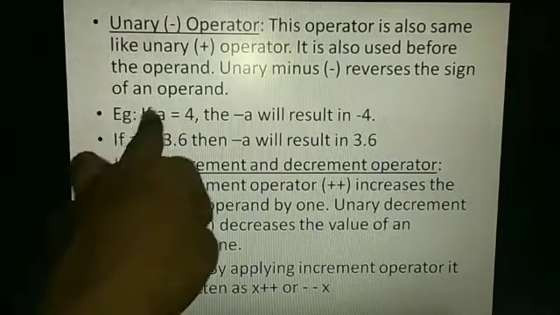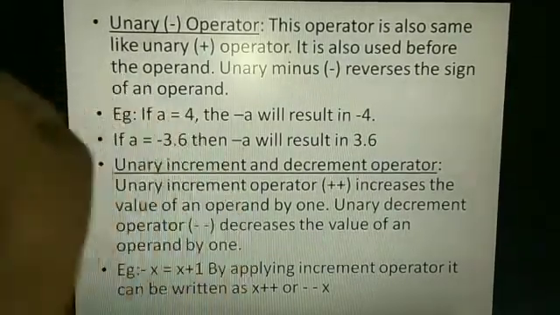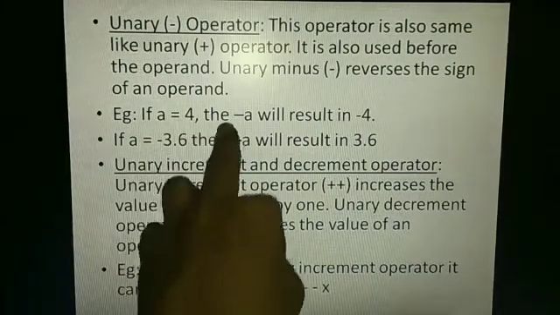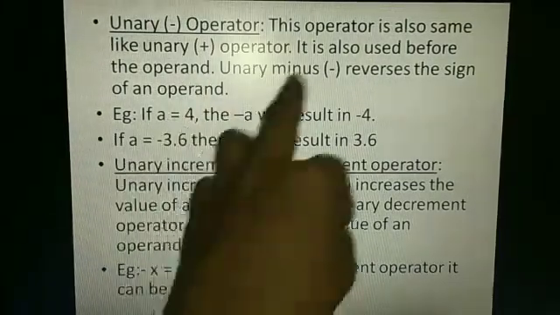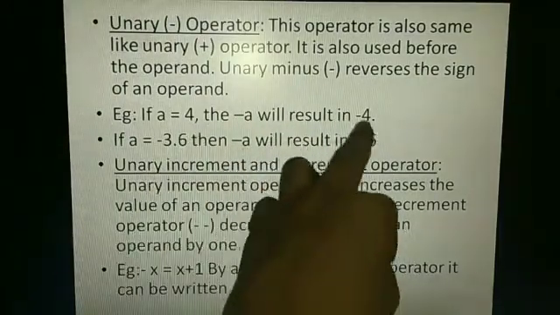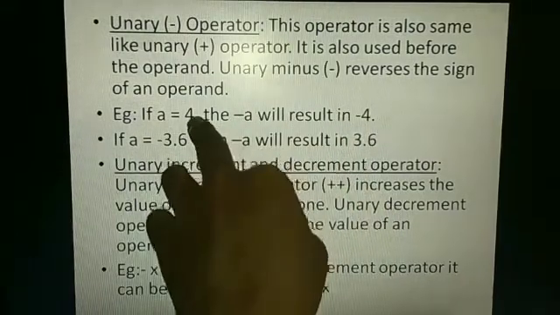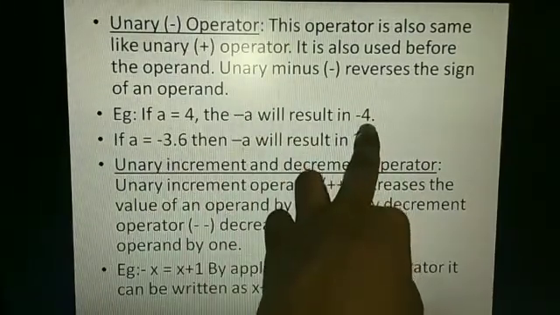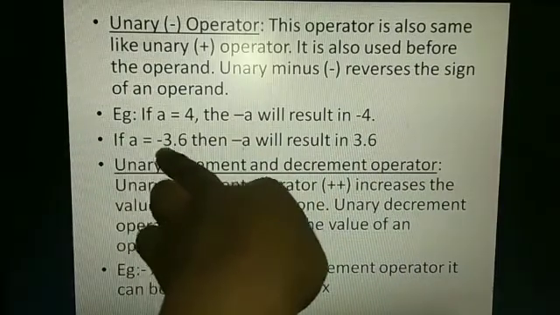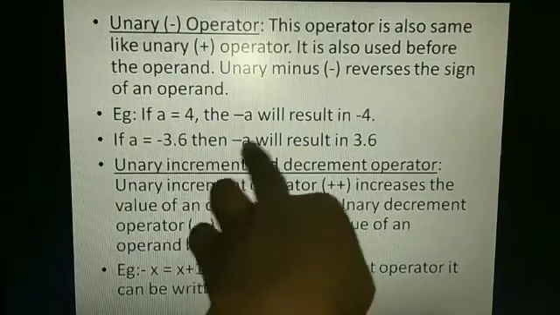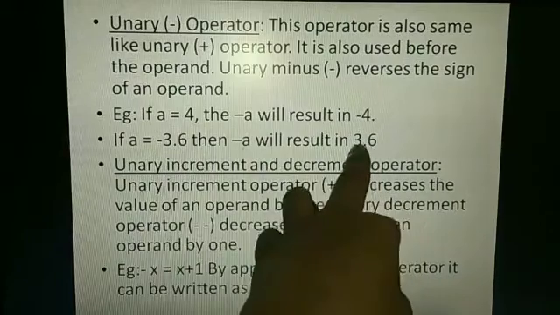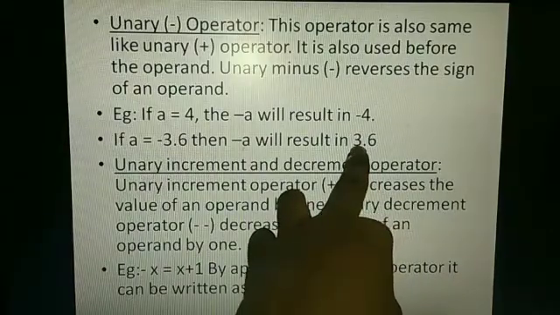If a is equal to 4, a positive number, then minus a will give you the reverse of your operand, minus 4. If a is equal to minus 3.6, then minus a will give you the reverse, 3.6. Understood?